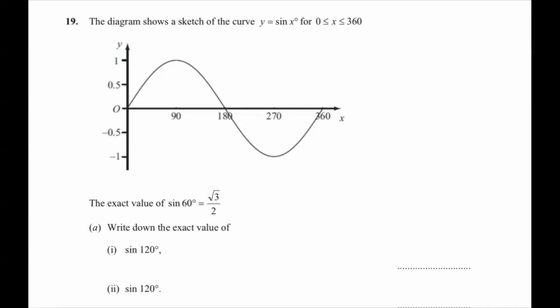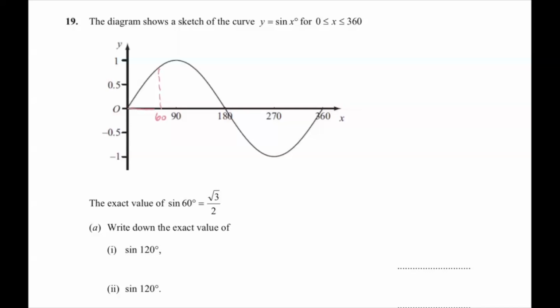Okay, we are being told that the exact value of sine 60 is √3/2. And then using this information and the graph that we've been given, we can write down the exact value of sine 120. How do we do this? It's all in the symmetry, okay? If we consider 60, I don't know, being roughly here, let's say, that's my 60 degrees.